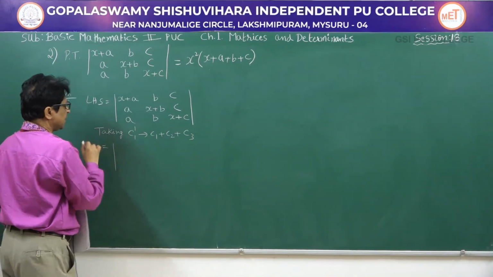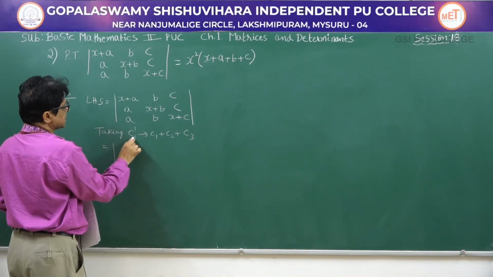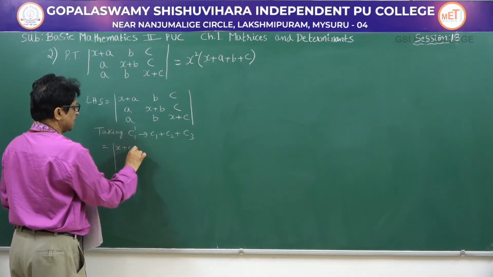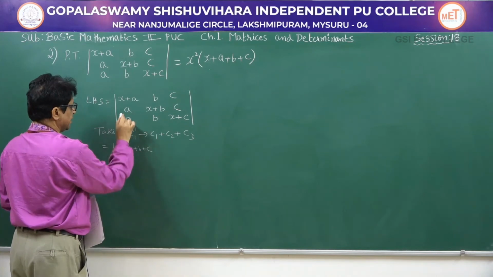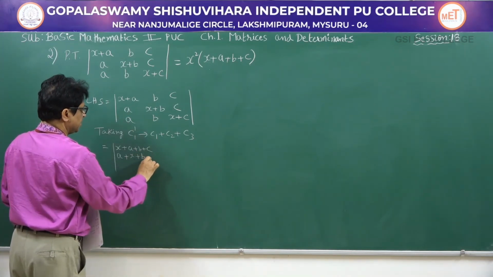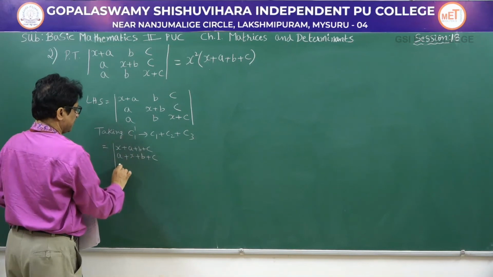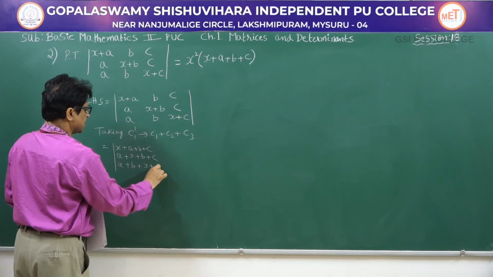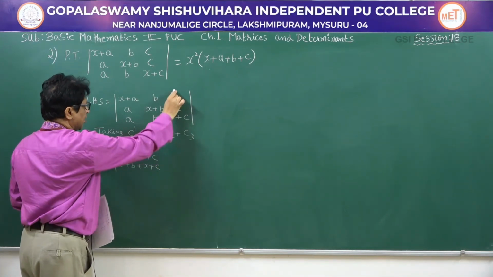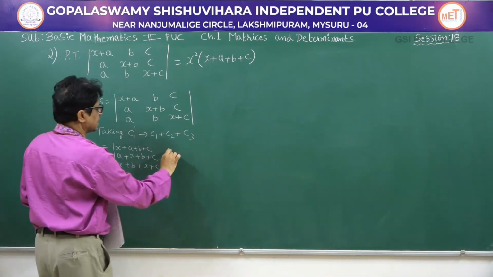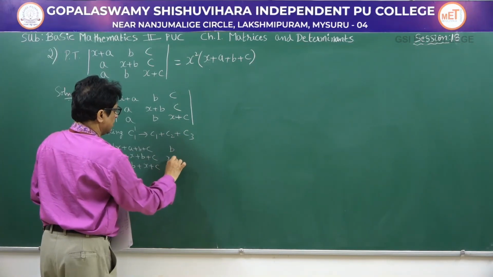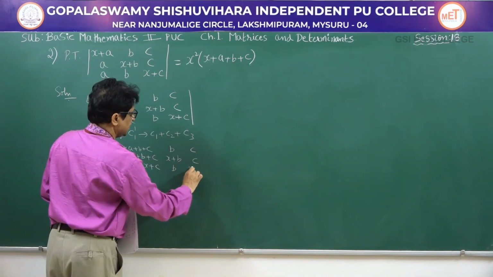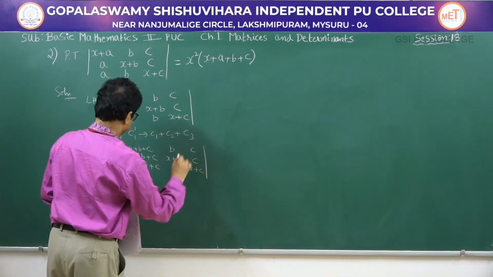That will be equal to determinant of, here the change is taking place in the first column. So we get x plus a plus b plus c, a plus x plus b plus c, a plus b plus x plus c, and the second column and the third column we should write as it is, that is b, x plus b, b, c, c, x plus c.